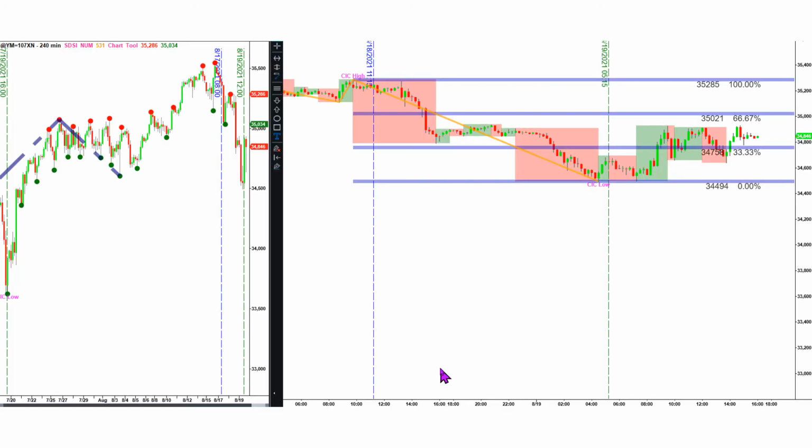So to help you see how you can visualize price, I've got a 240-minute chart here and the 15 here. And if you notice on the 240, we have not yet met the rules to draw the CIC high, so you don't see a prior trend on this chart.